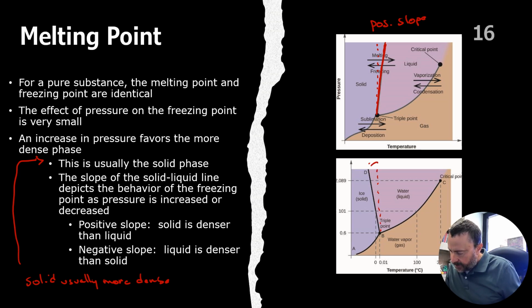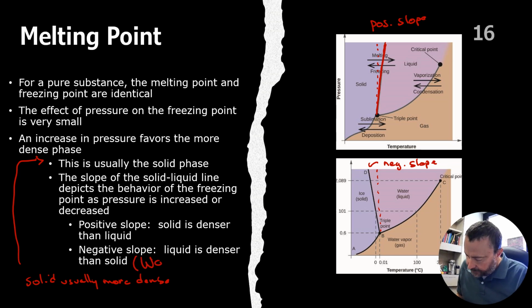This one here is the negative slope. That is where the liquid is denser than the solid. So that one's where we've got our water. There are a few other substances out there, but for our purposes, that's where we've got water.